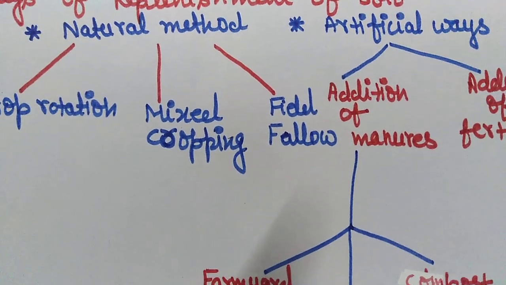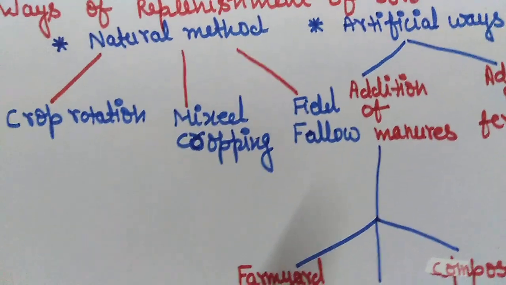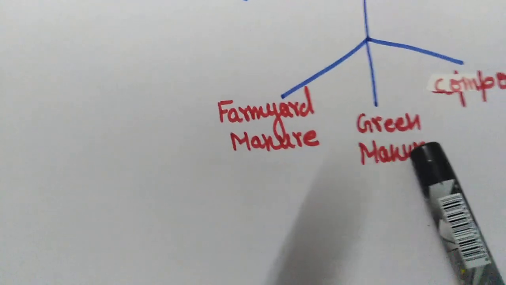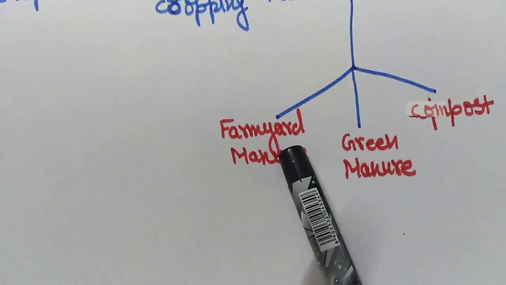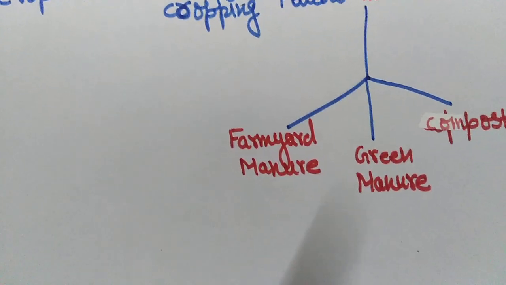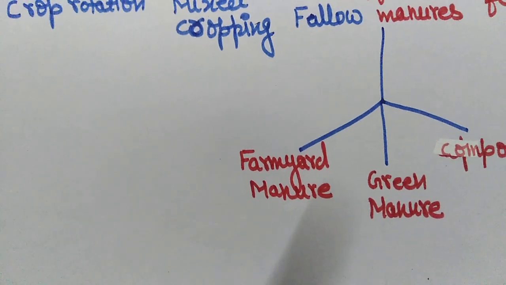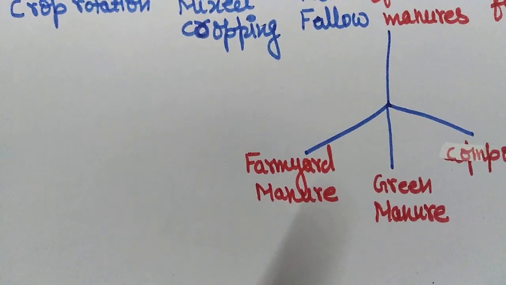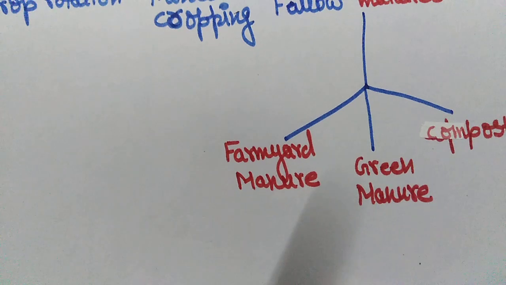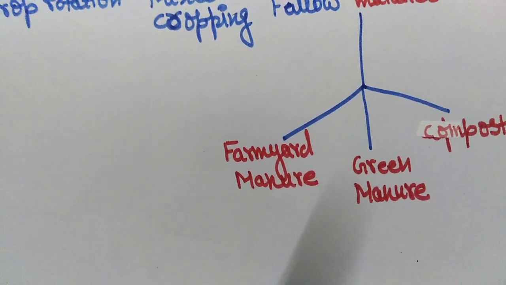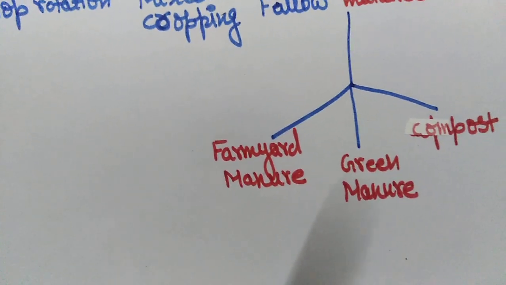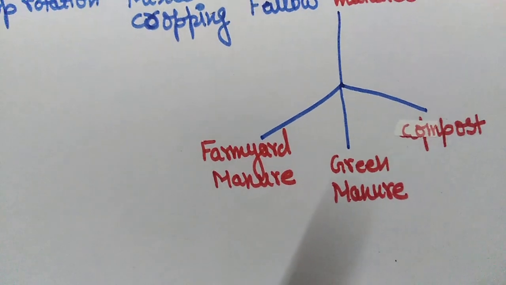So, dear student, here we have three different types of manure. The first one is farmyard manure. The second one is green manure and the third one is compost.